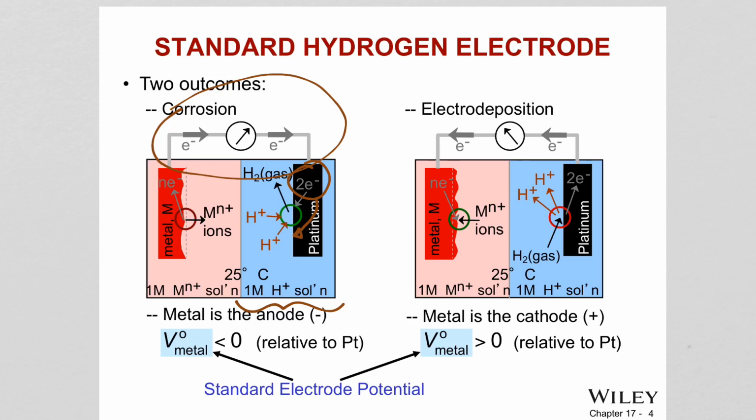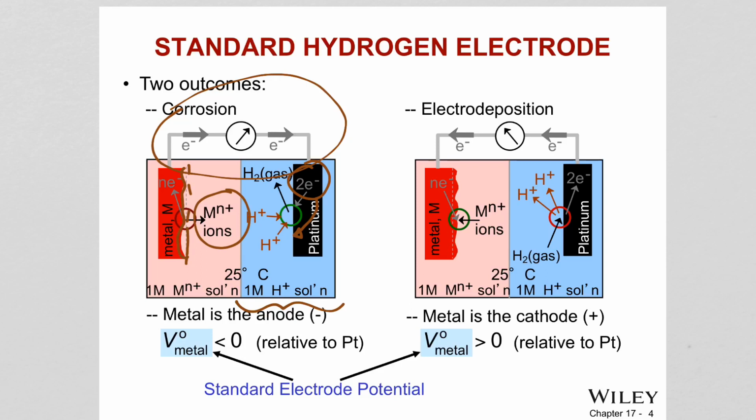So therefore, in the meantime, your metal is losing electrons to platinum. It is therefore becoming an ion and dissolving into the solution, and your material is corroding. You see, you are losing your material here. Normally it should look like this, but you are losing it.